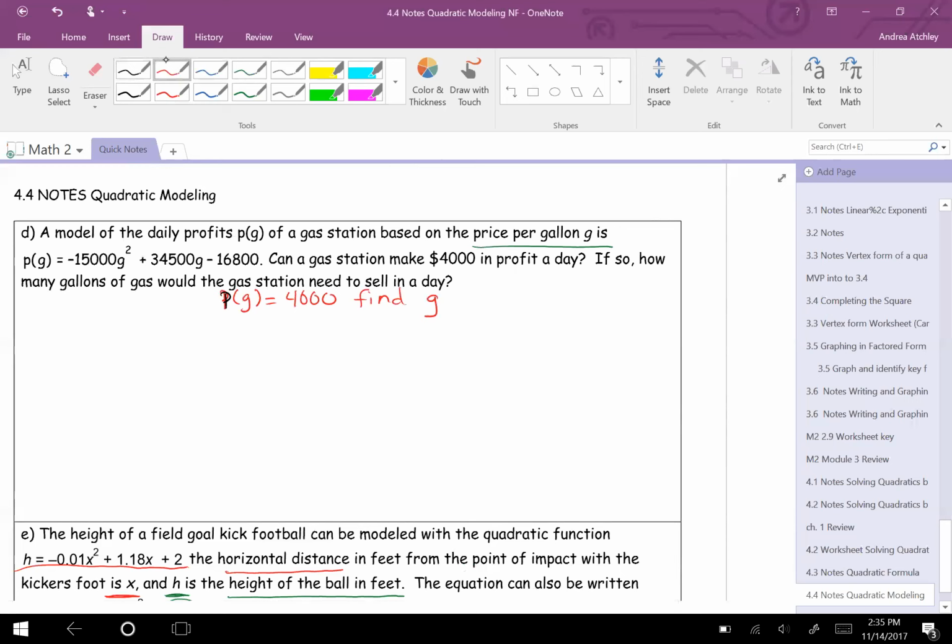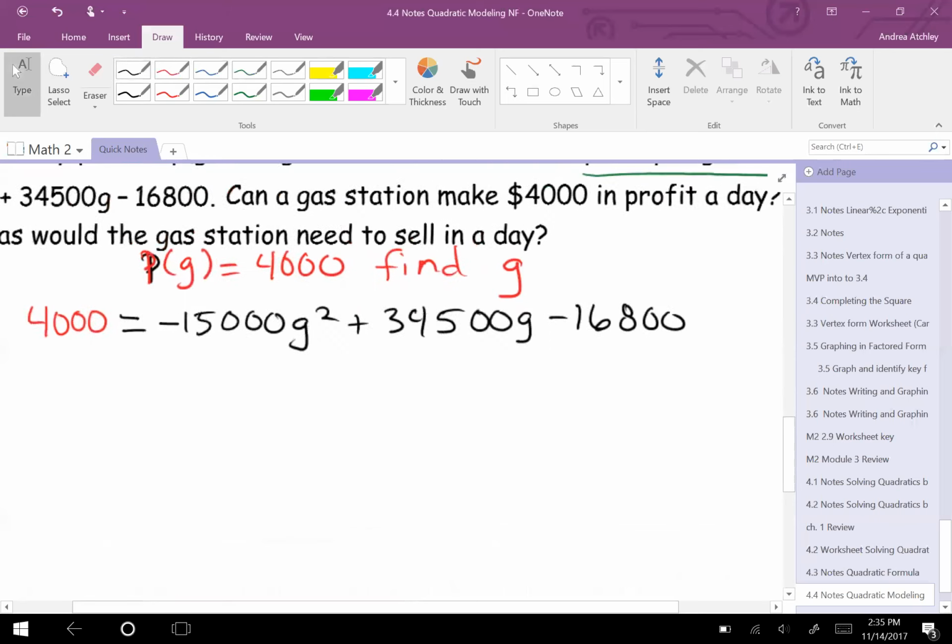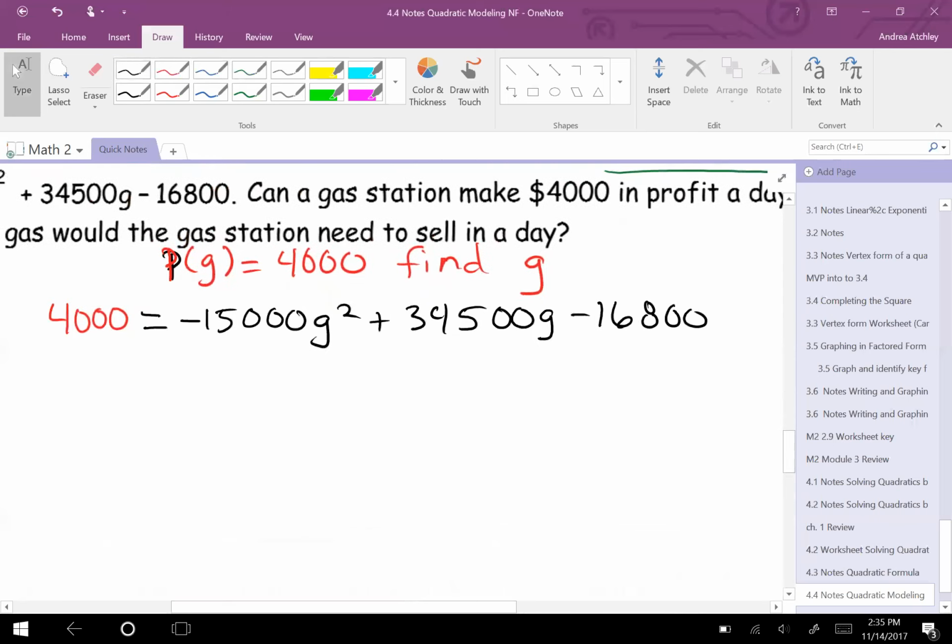Okay, so I'm going to plug in 4,000 into my equation. Okay, this is a quadratic equation. So to solve this, I need it to be equal to 0.